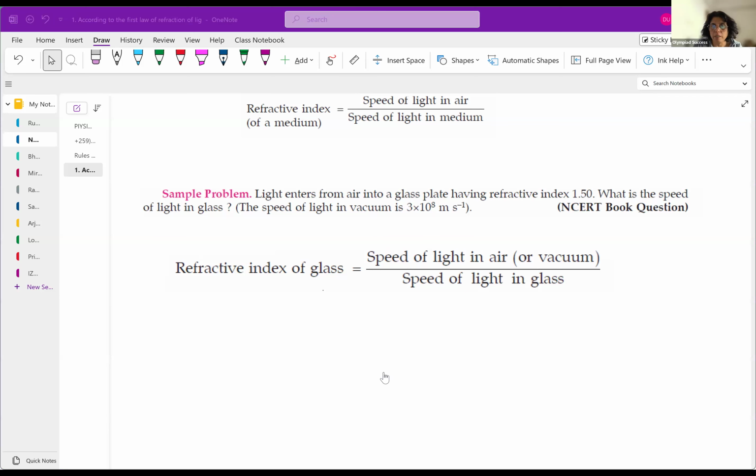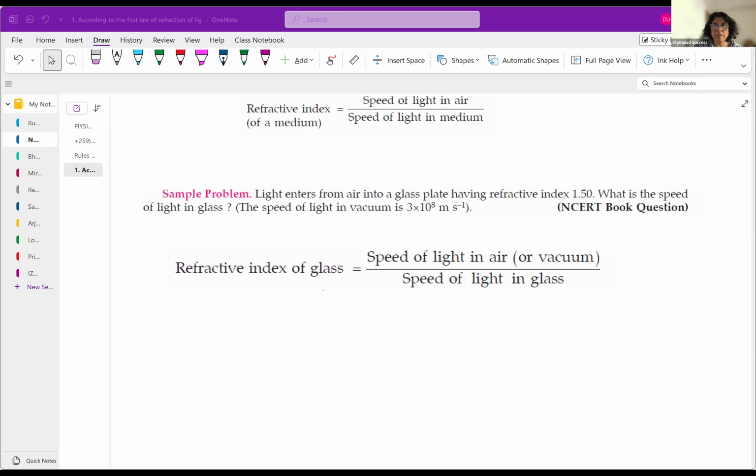Just substitute the values. And the answer will be 2 into 10 to the power of 8 meters per second.